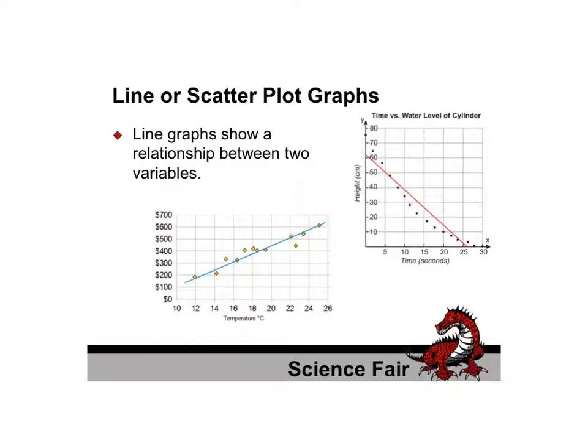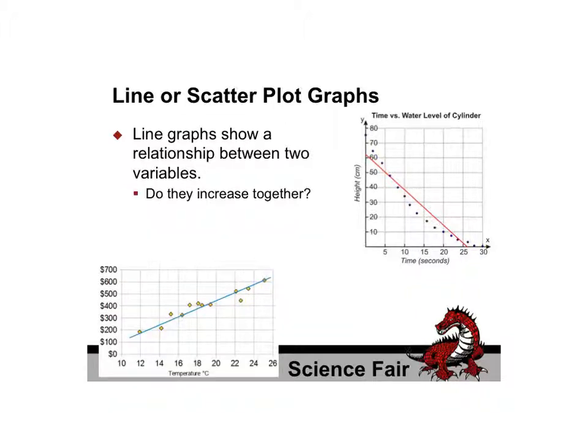Now, a line graph or scatter plot is common in science, okay, because it shows very clearly the relationship between two variables. And in this case, you're looking at temperature versus money. In this case, you're looking at time versus water level of a cylinder. And so you've got your two variables, and you're trying to figure out the relationship between the two. And that's where line graphs are really important.